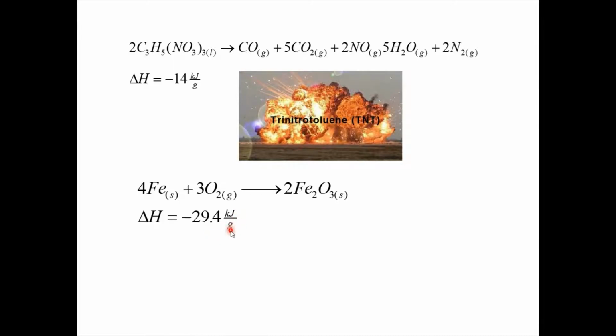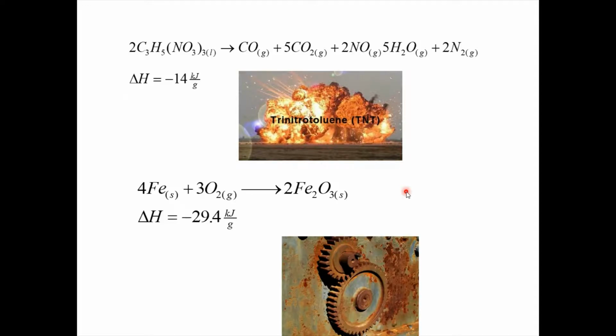So every gram of iron is going to give off 29.4 kilojoules. That's twice the number of this TNT explosion. Wow, this reaction must be really violent, right? Well, actually, not so much. That is the chemical reaction for rusting.